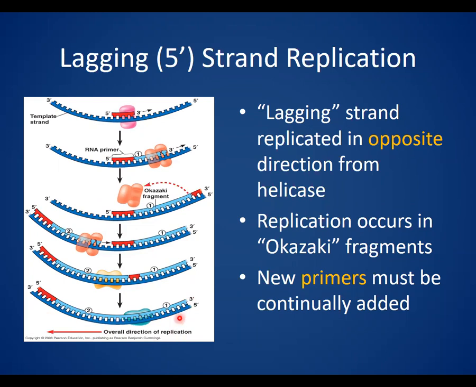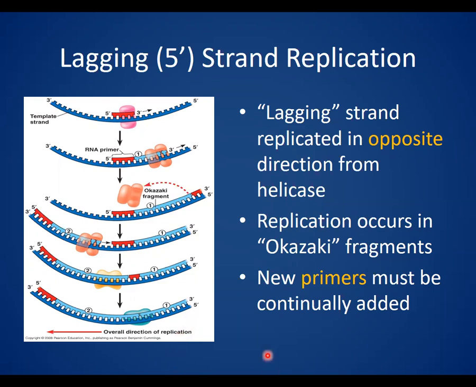Eventually, there's an enzyme that comes along and removes the RNA and replaces it with DNA, which seems like a very inefficient process, right? Why not just have a DNA primer to begin with? But always remember, evolution doesn't care about being efficient. Evolution doesn't care about how easy something is. If it works, then evolution goes with it.